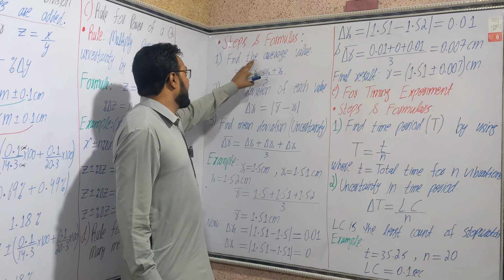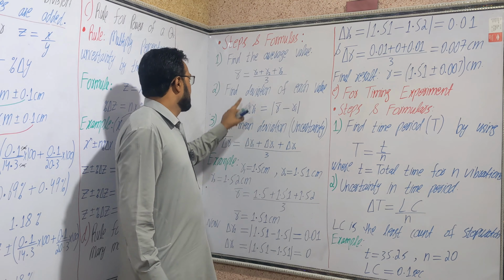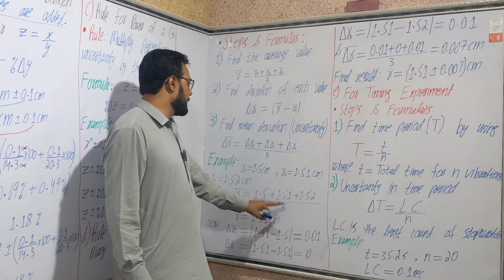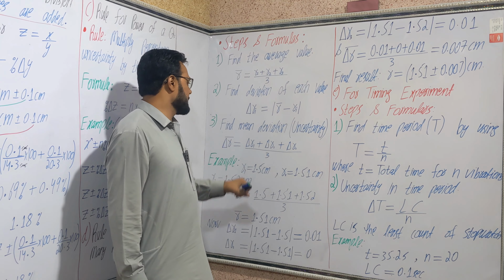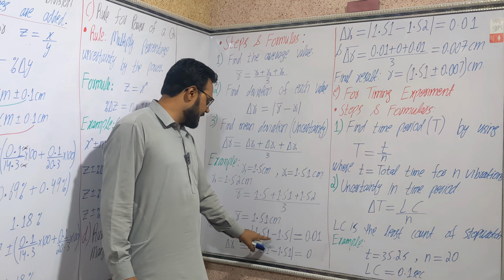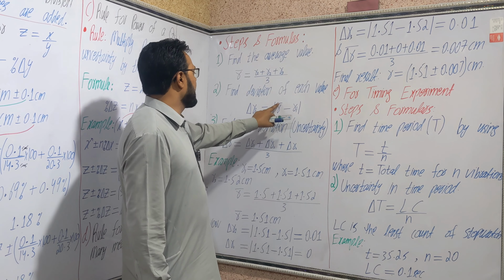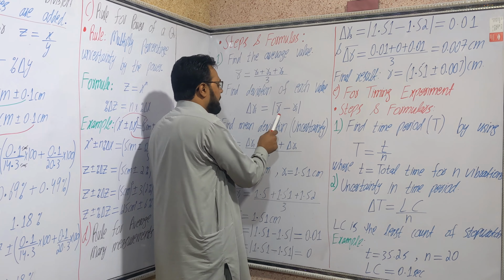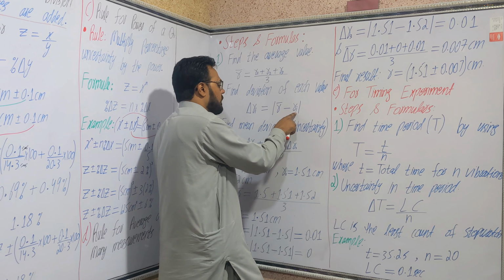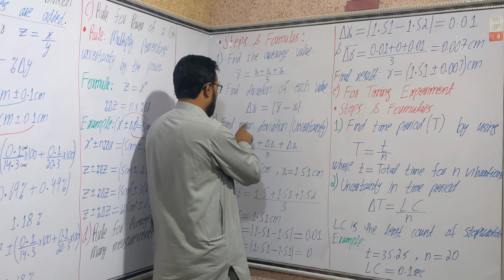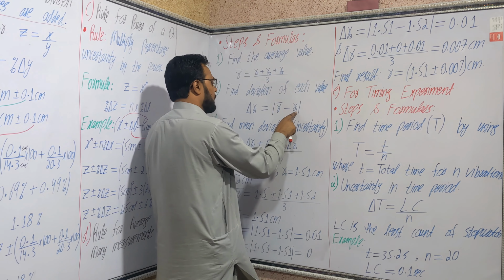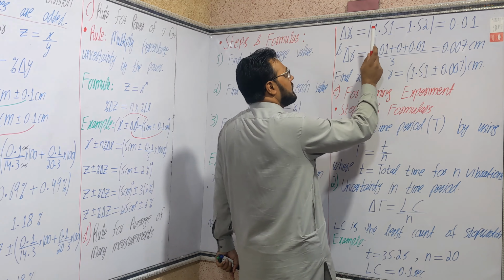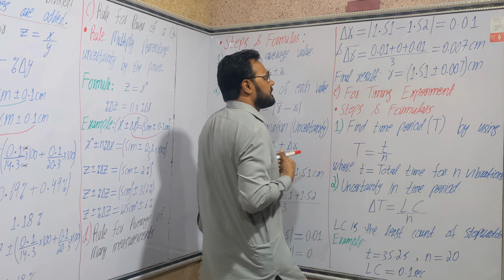So three steps. First, find the average: R1 plus R2 plus R3 divided by 3. Second, find the deviation: average minus R1, average minus R2, average minus R3. R bar is the average, and i means 1, 2, 3.